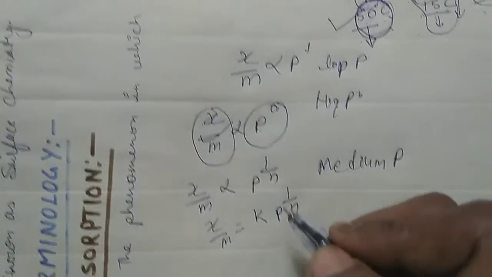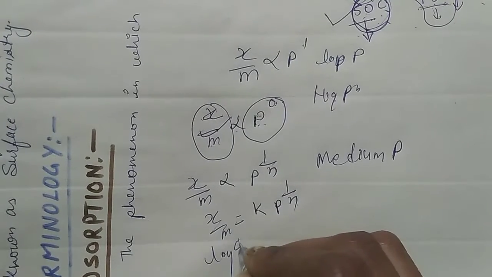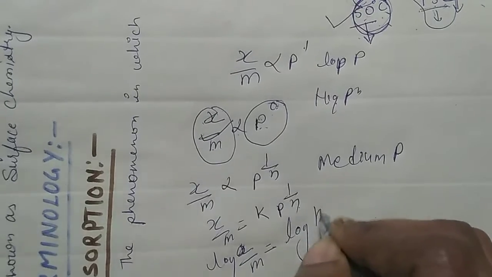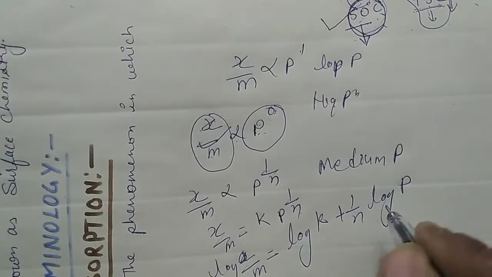The constant is taken. On taking the log of this equation, we get log x upon m is equal to log k plus 1 upon n log p.